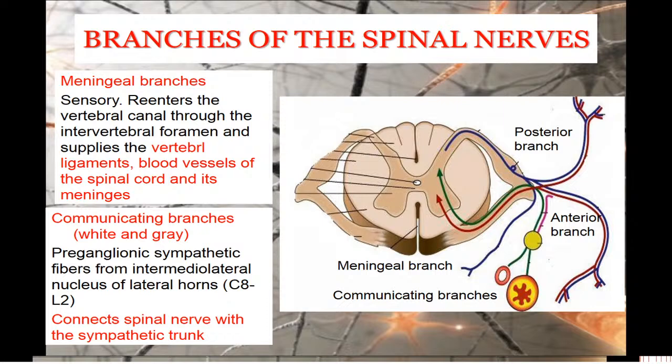White branches are present just in spinal nerves from cervical 8 through all thoracic, lumbar 1 and lumbar 2, meaning in the segments where lateral horns are present, and they connect spinal nerves with the sympathetic trunk. But gray communicating branches are formed by postganglionic fibers passing from the ganglia of the sympathetic trunk to absolutely all spinal nerves.